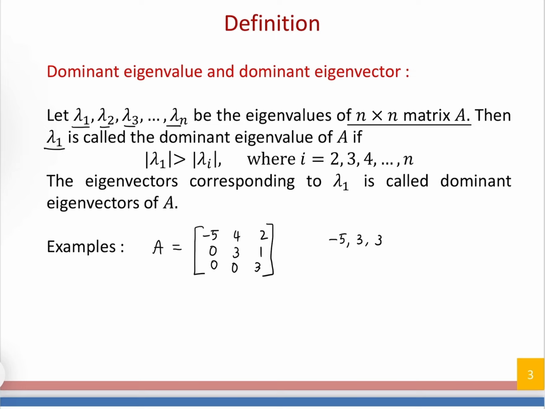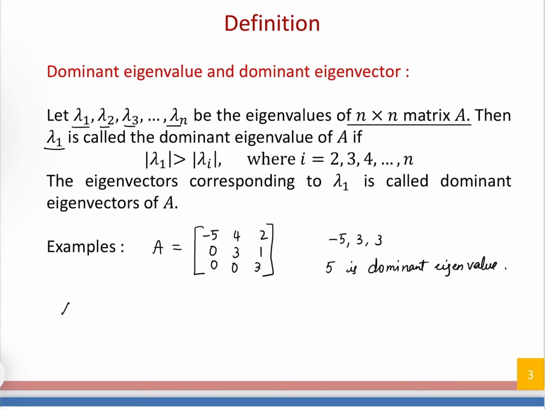Of the three eigenvalues, it's clear that absolute value of 5 is greater than all the other eigenvalues. From this we can say that 5 is a dominant eigenvalue, and the corresponding eigenvector is a dominant eigenvector.